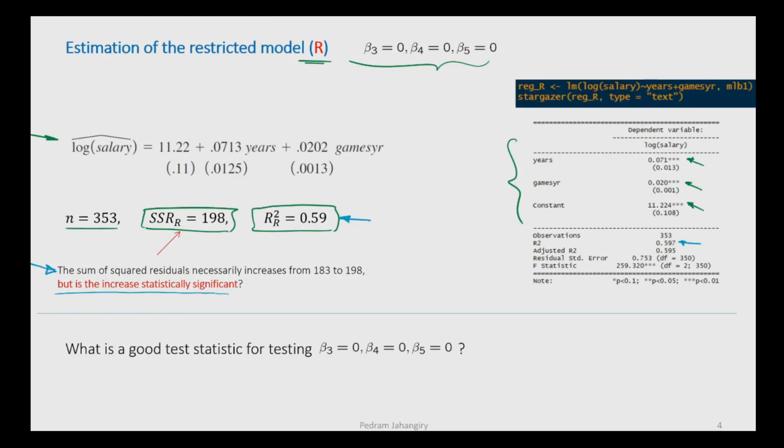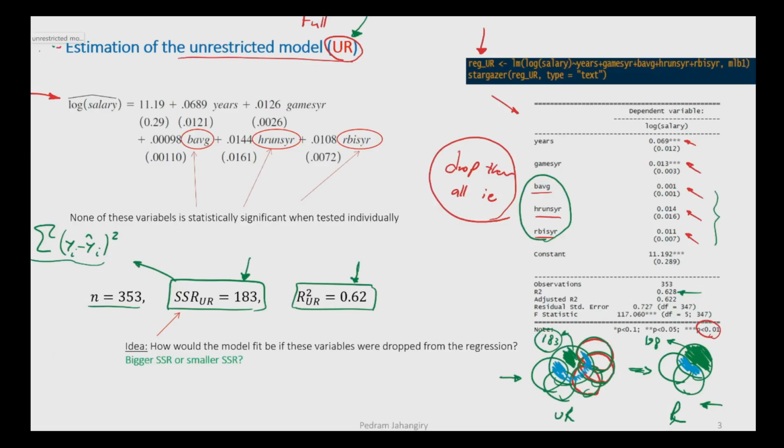All right, now I want you to think about it. What is a good test statistic for testing if beta 3, beta 4, and beta 5 are equal to 0? Let's see if we can construct that test statistic together. What do we know so far? We know that SSR unrestricted is, going back to this slide, the green shaded area on the left is SSR unrestricted, and on the right it's the restricted version, right?